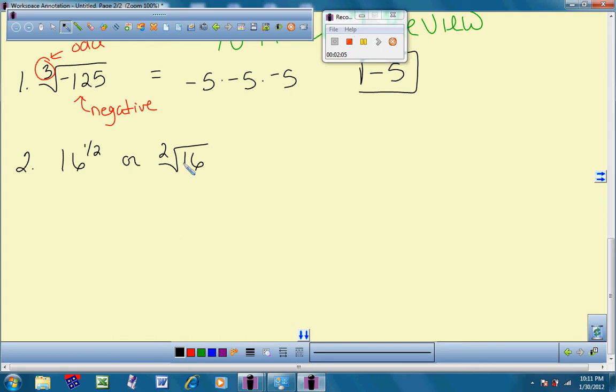We all know that the square root of 16 is going to be 4, but don't forget, when our index is even and we're solving for equations or solving functions, we're going to add that plus or negative, or positive negative, in front of it. And that would be your answer, positive negative 4.